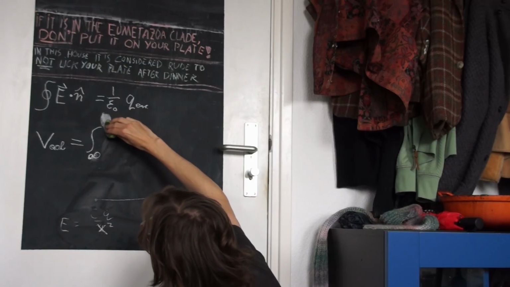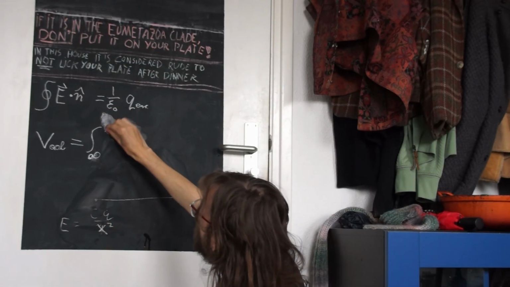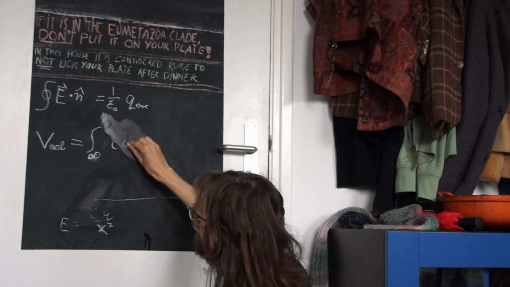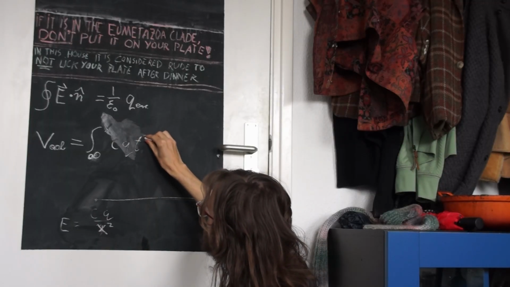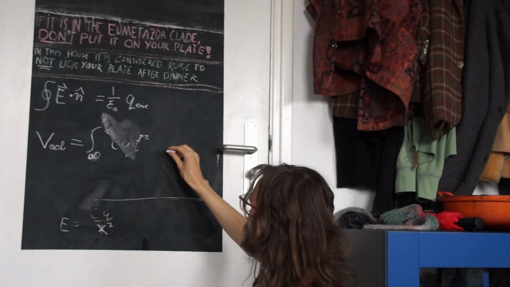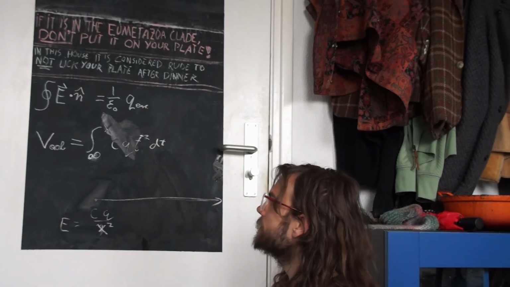So in order to find the voltage at the point x, we're going to integrate from infinity to x, and we're going to plug in CQ, and then t to the power of minus 2, dt, where t is just a temporary variable.